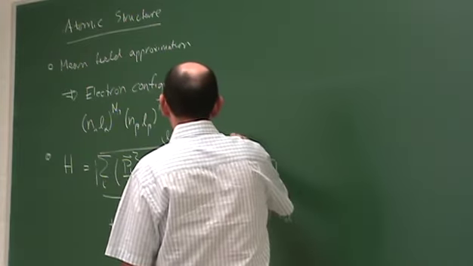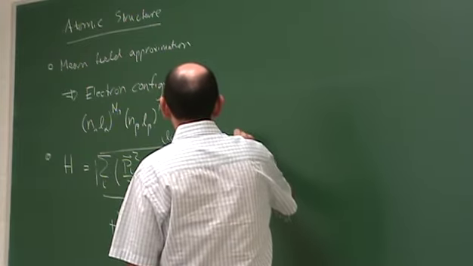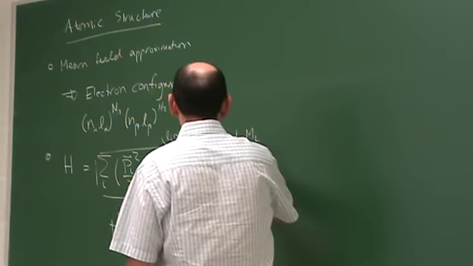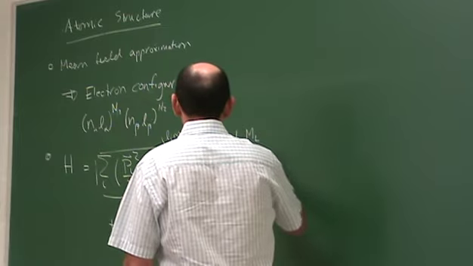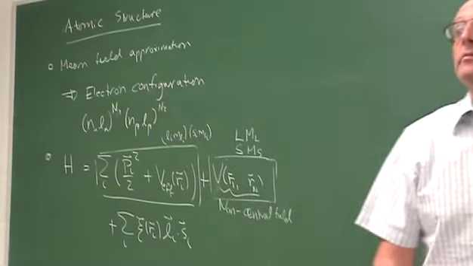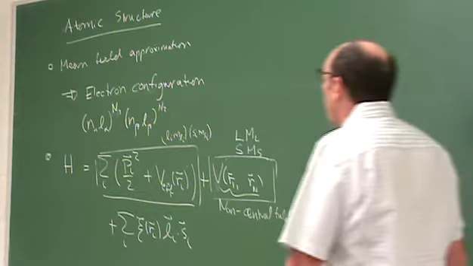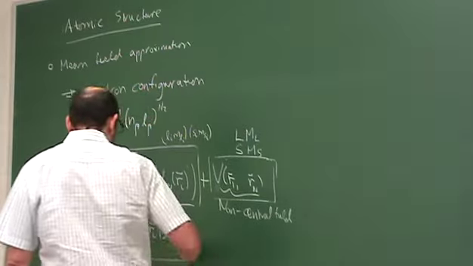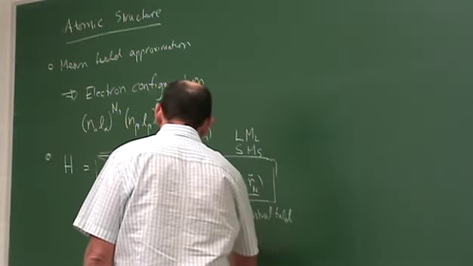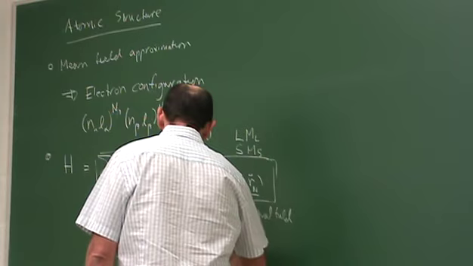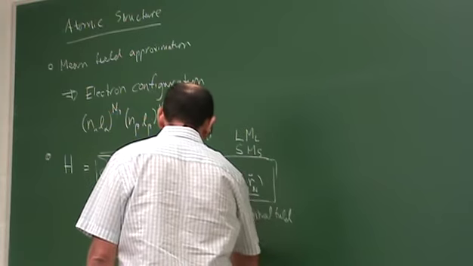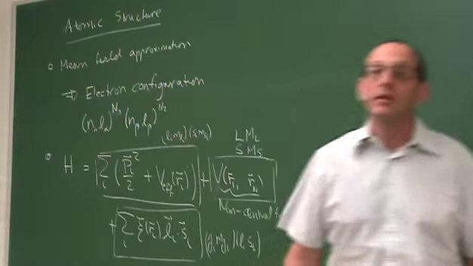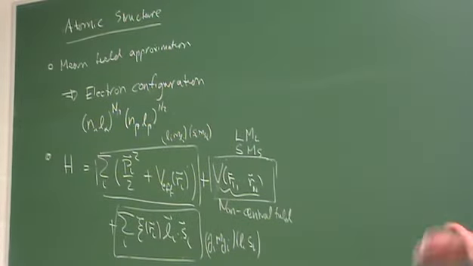So with this level of description, the good quantum numbers are L, M sub L, S, M sub S. And then if we think about this as a perturbation, let me just say, in this system, the good quantum numbers are the J sub i's, M sub J sub i's, and L, S.